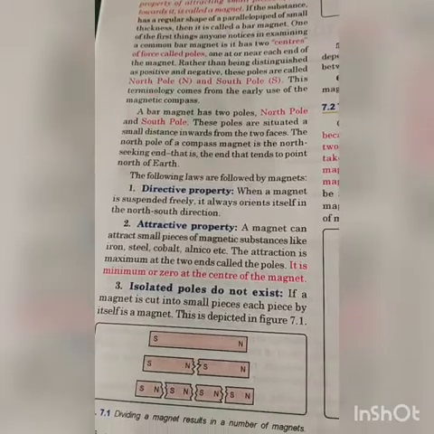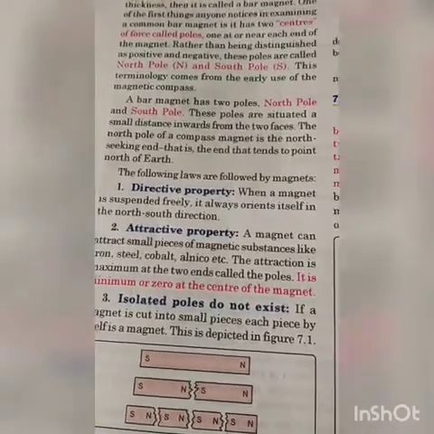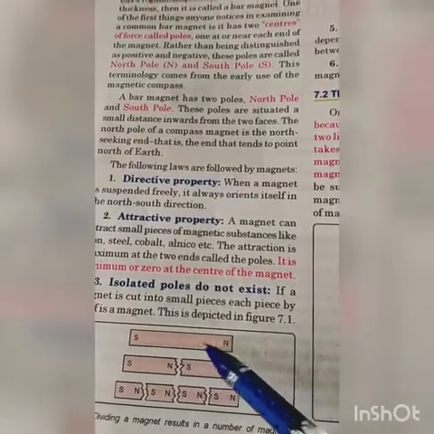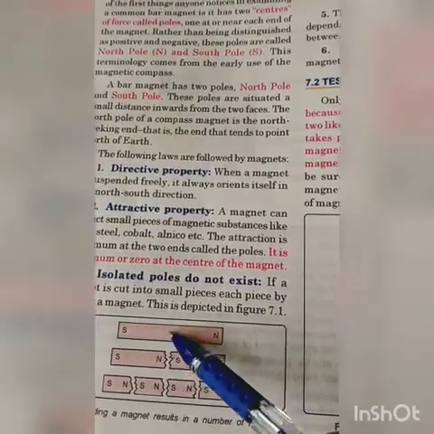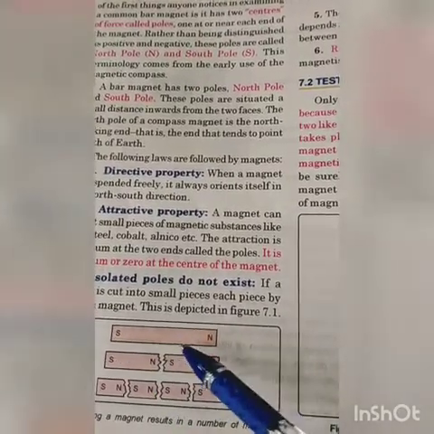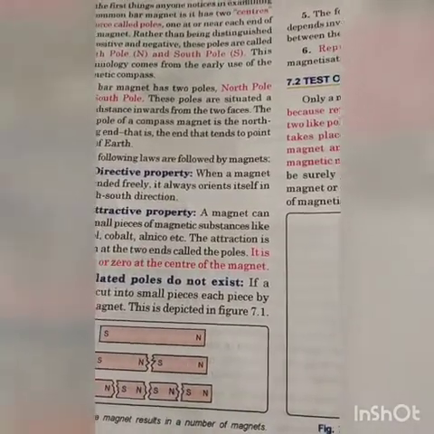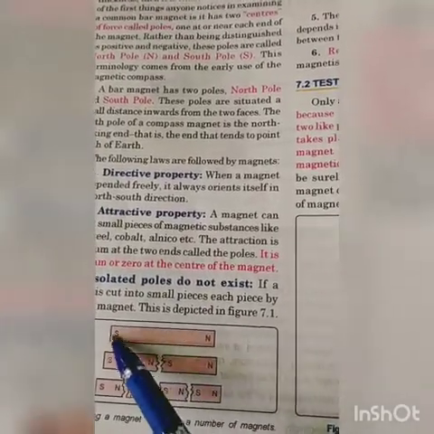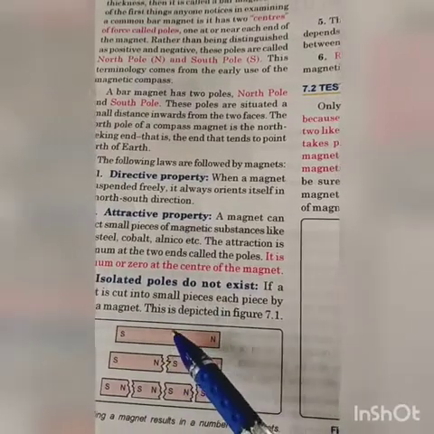Now, what happens if you break a magnet? Suppose there is a magnet, it has two poles here. If you break it from the middle, both the pieces still become separate magnets. They have different poles now. So the same poles do not exist in a broken magnet.